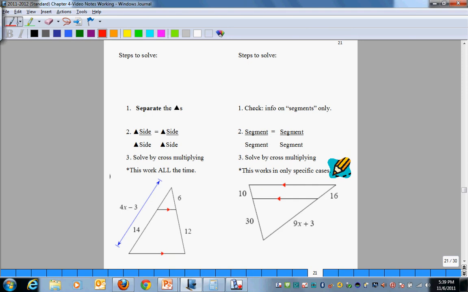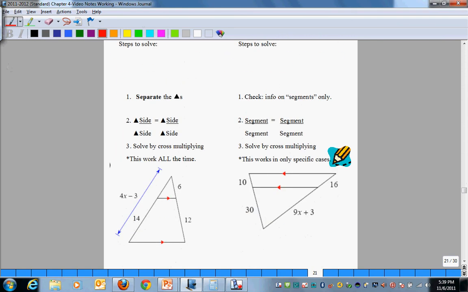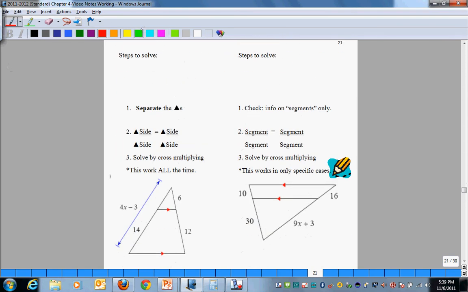So once again, when triangles are cut, you can have a larger triangle similar to a smaller triangle, or you see the segments of the one triangle on the non-parallel sides as proportional.